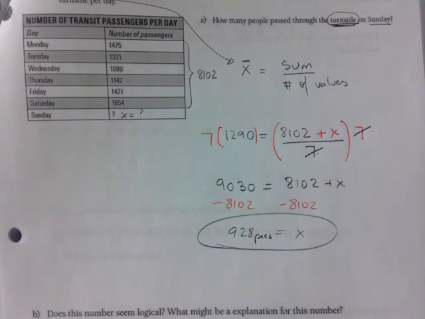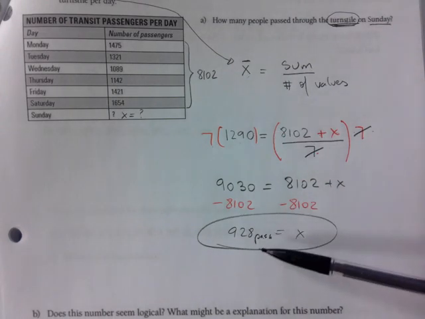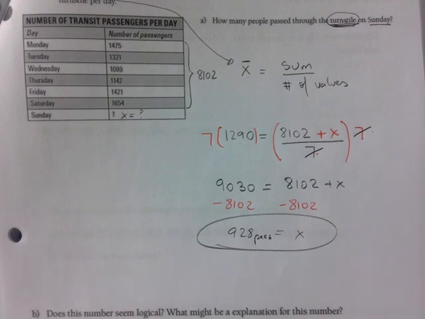So for this transit system, to get that average of 1290 per day, you need to have 928 passengers on Sunday. You're expecting that on Sunday. As a transit company, that's what you're expecting on Sunday. Does this number seem logical? It's a Sunday, right? Usually on Sundays, most people don't work.